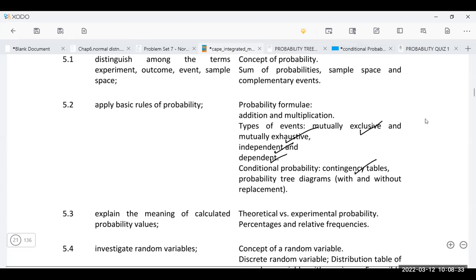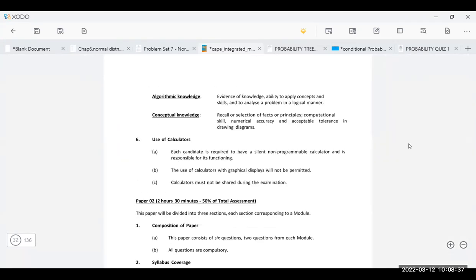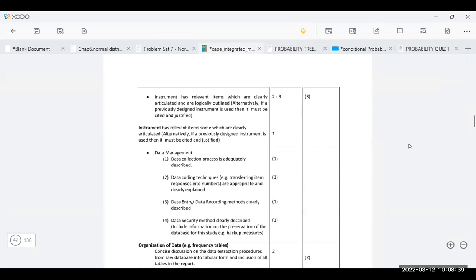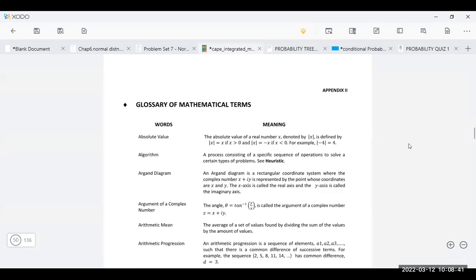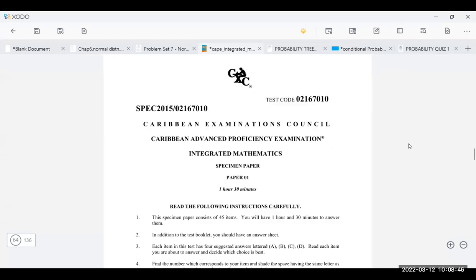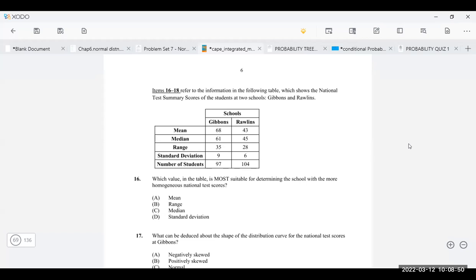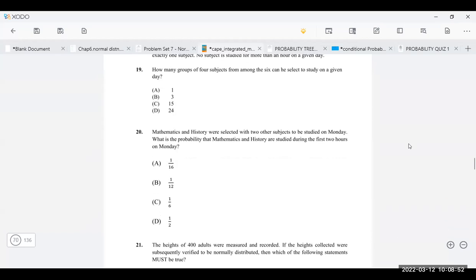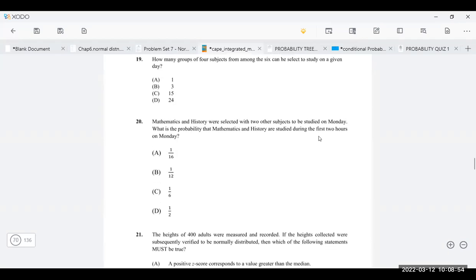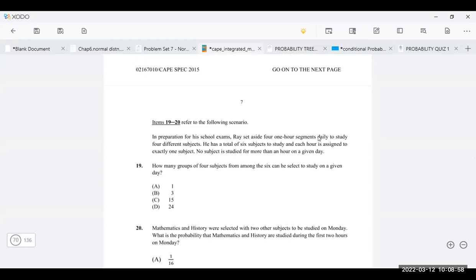So just to skip around and show you specimens, because as I said, we don't have enough integrated math past papers to only work with past papers. There's only been 5 papers, 5 paper 2. So we have to look at the specimen as well. So a conditional probability, did they ask any in the multiple choice?